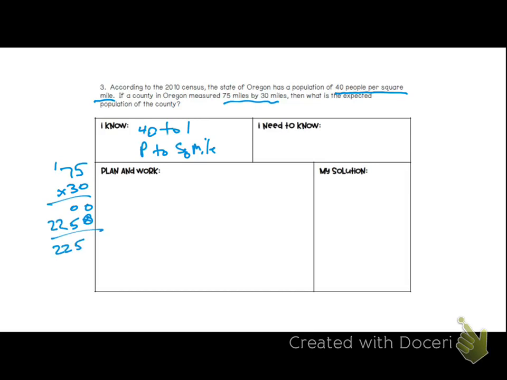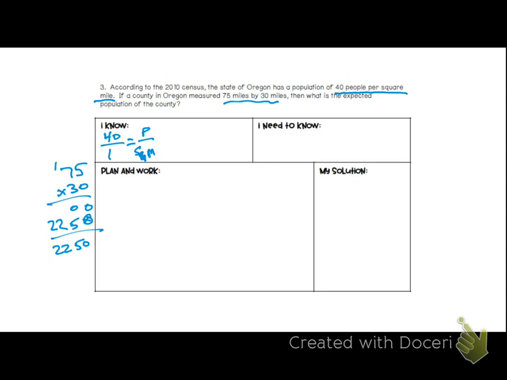And I get 2,250. So one other thing I do know, and I'm going to erase real quick and go back and write it over here. 40 to 1 is people to square mile.